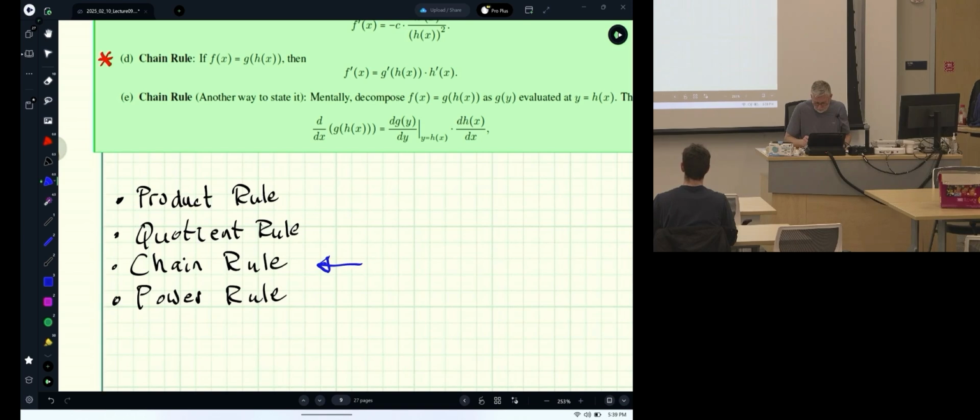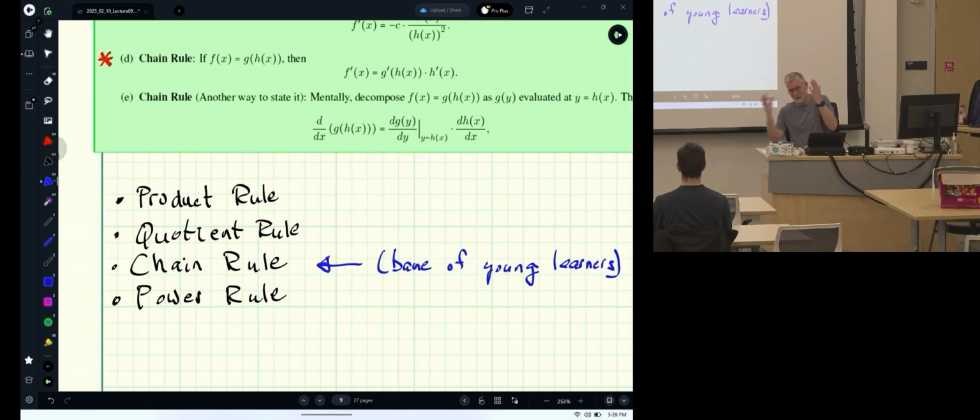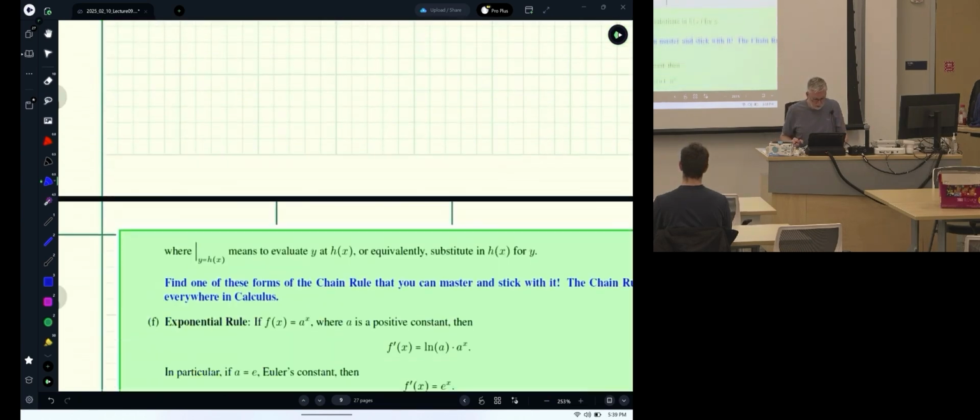And this one often causes challenges for young learners. You guys are more experienced, but part of the problem with the chain rule, at least how it was taught to me, it was taught with the wrong notation, okay? If you use the right notation, the chain rule is just almost a triviality.